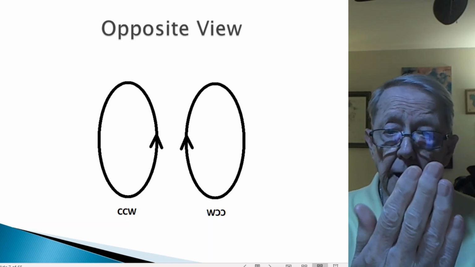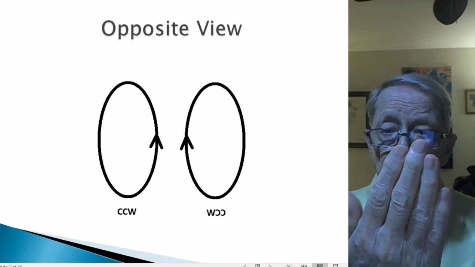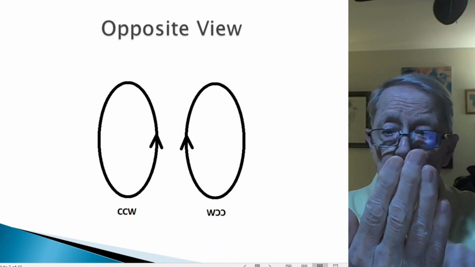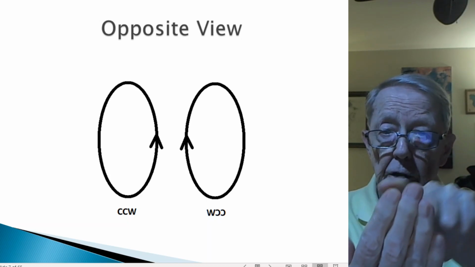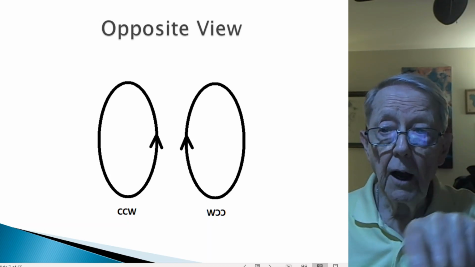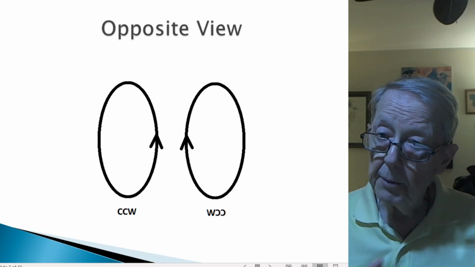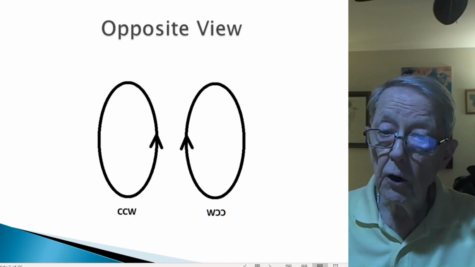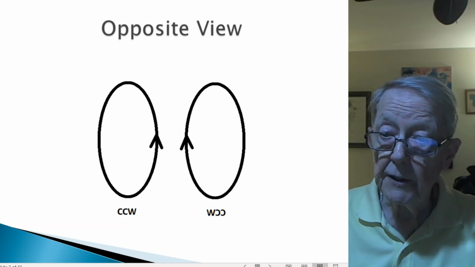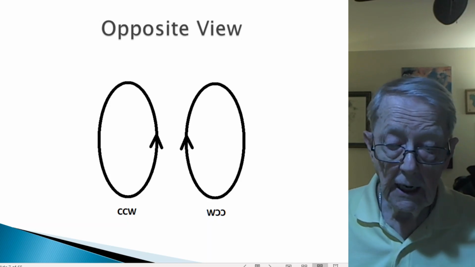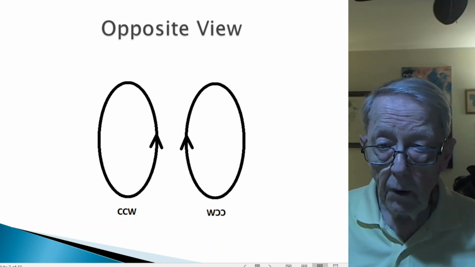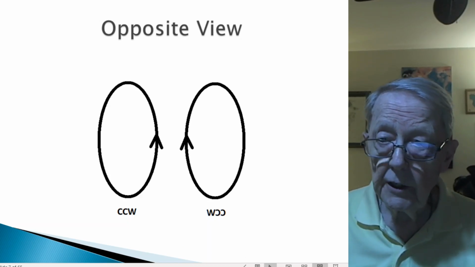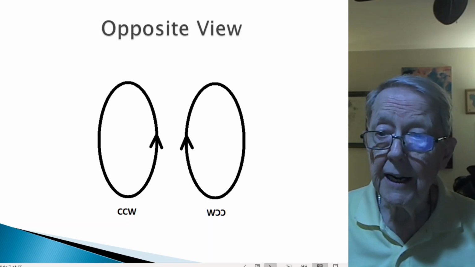So if I'm looking at the palm of my hand and my thumb is the direction, I'm looking at counterclockwise. But I'm pretty sure that you're looking at clockwise. It depends on which way you're looking as to whether you see it as clockwise or counterclockwise. So the direction is important, and that's what the video was saying.